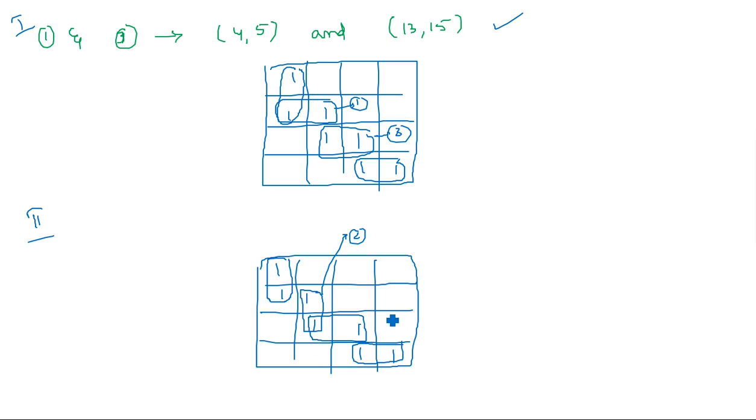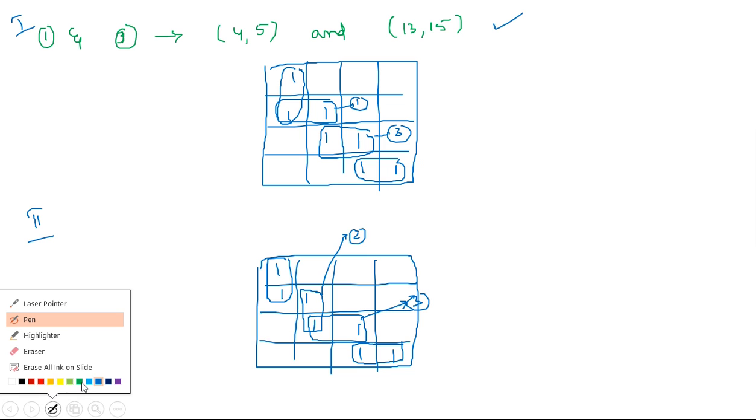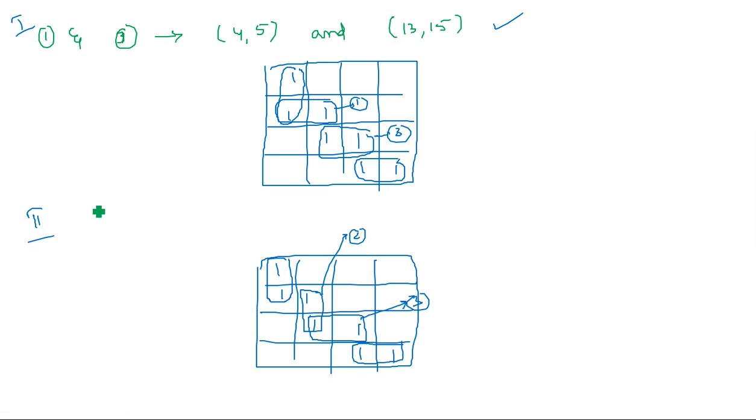No one should be left free. Okay. This is the third one. So what is the mapping now? Second and third, that is 5 comma 13, and another set is 13 comma 15.